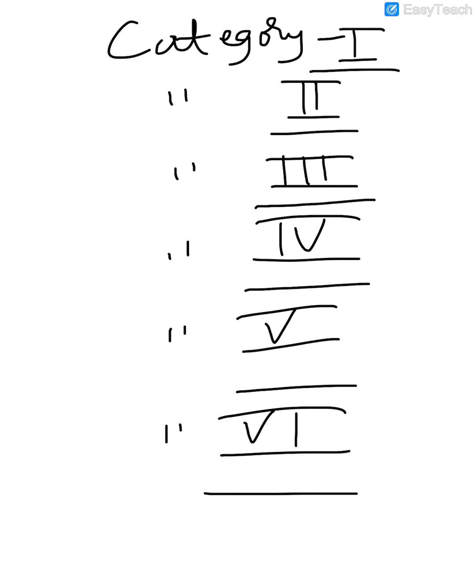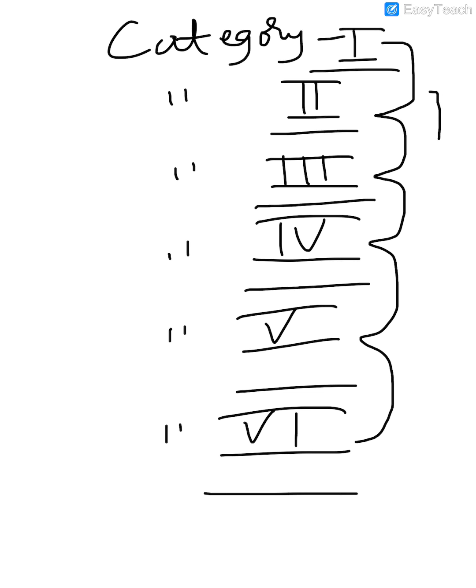As we go from category 1 to 2, 2 to 3, 3 to 4, 4 to 5, 5 to 6, the chance of malignancy gets increased.